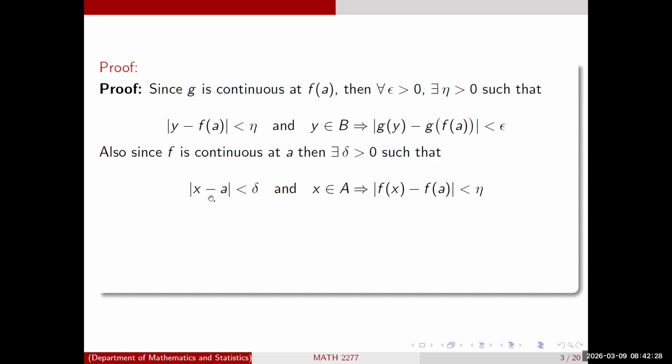For x belonging to A and the modulus of x minus a within delta, the distance between the corresponding images, f of a and f of x, is less than. Usually we would put epsilon here, but we fixed epsilon from the beginning, and that gives us an eta. So we're going to use eta over here.